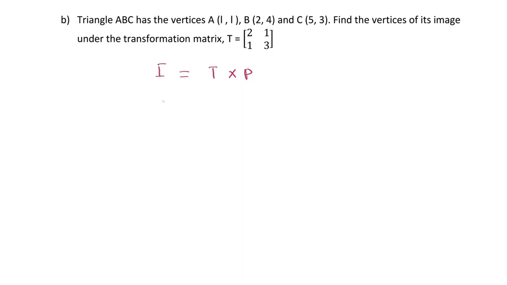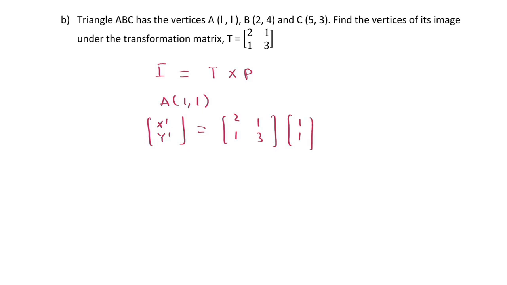Okay, so starting with point A with 1, 1, the relation is going to be X image, Y image equals matrix 2, 1, 1, 3 times matrix 1, 1.